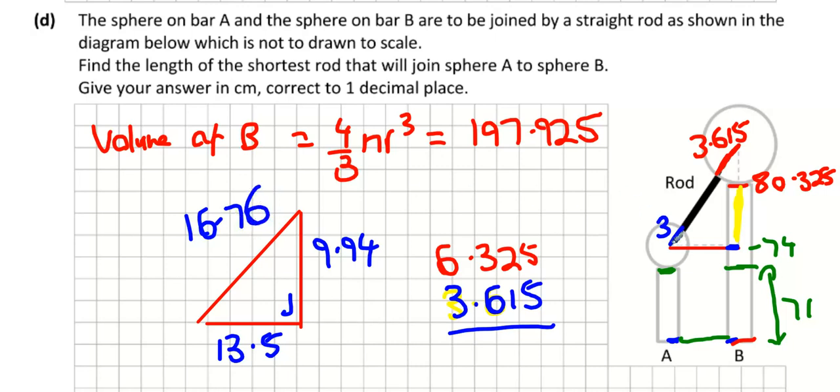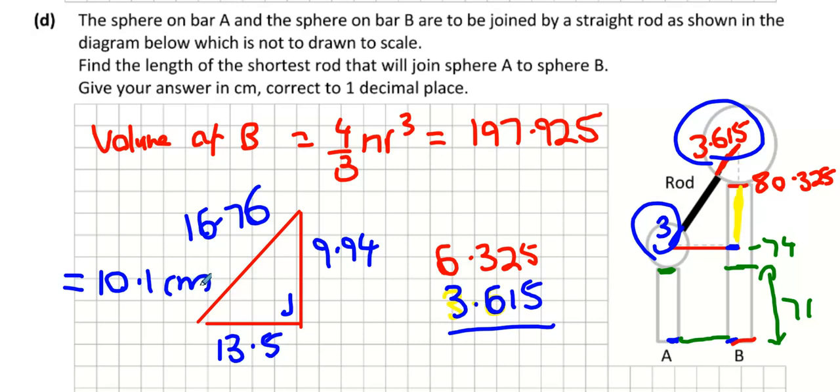And now we're going to take away our 3 and our 3.615. 10.1. And it says 10 in the solutions, but maybe we just... So, are you sure it's 16.76? Okay, we'll just park it there.